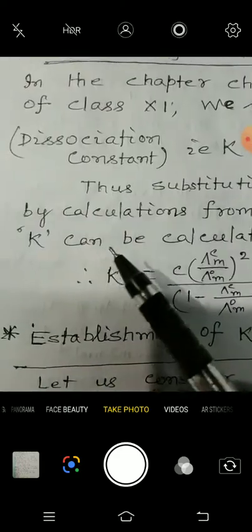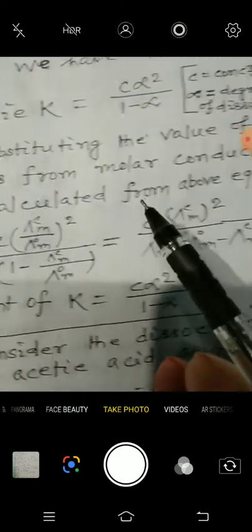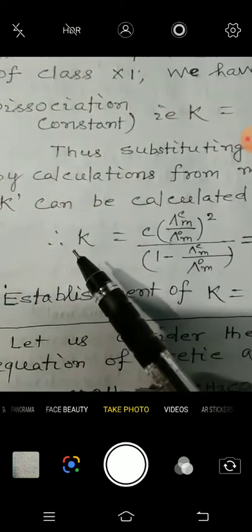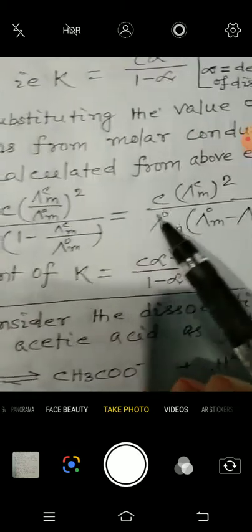Substituting the value of alpha calculated from molar conductance, K can be calculated from the above equation. It becomes in the form of this much.